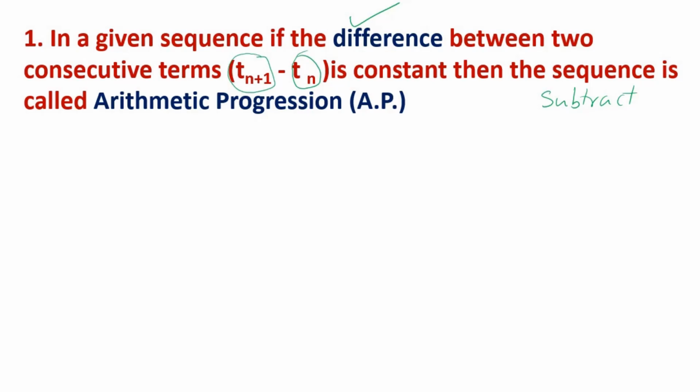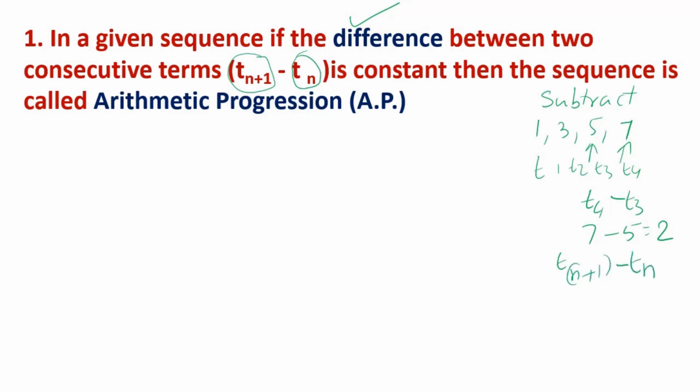For example, if I am writing 1, 3, 5, 7, the difference is 2, we know very clearly. To get the difference, we should subtract one term from the next one. Here it is T1, T2, T3, T4. We will subtract T3 from T4. That is 7 minus 5, and we write 2. That is why we subtract Tn plus 1 minus Tn.